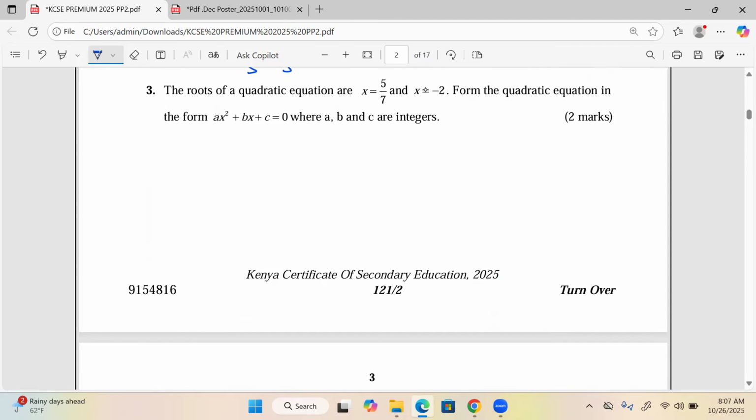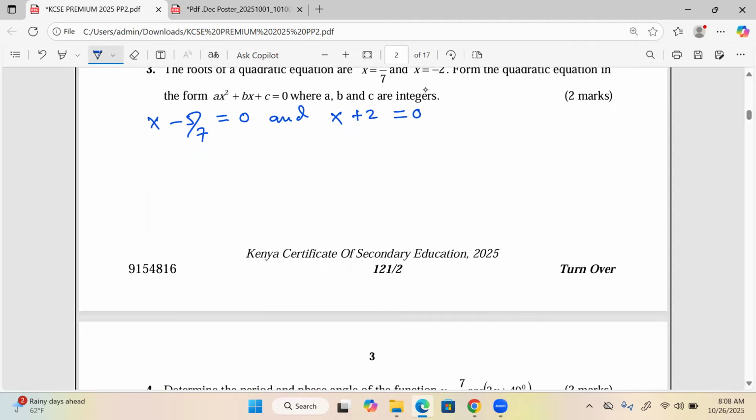Now we're supposed to know that if x equals to 5/7, then if this equation had been solved to give us the roots using the factorization methods, then the step just before these values of x could have been x minus 5/7 is equivalent to 0, and x plus 2 equals to 0. That's why x is equal to -2. That's why x equals to positive 5/7. Such a thing, you see?